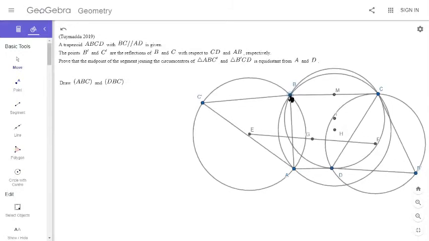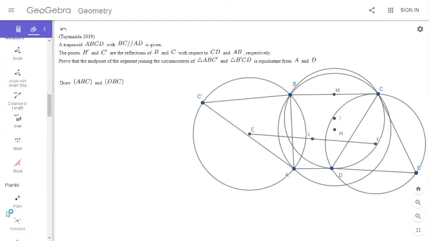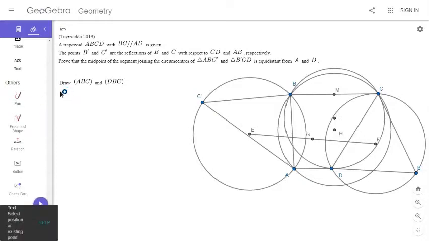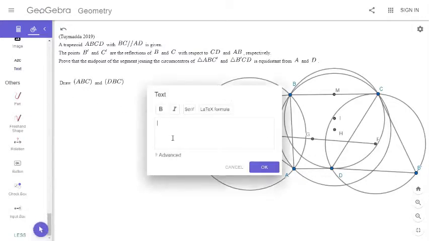Yeah, it's going to be hard to get a perfect diagram here, but all right, I'm just going to try to write this up quickly. So let H be the circumcenter of ABC and I be the circumcenter of ABC.